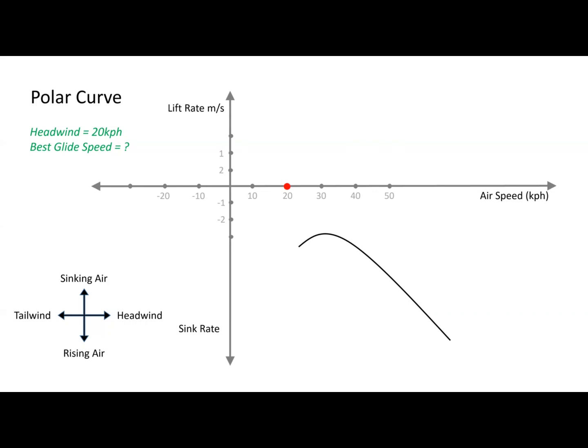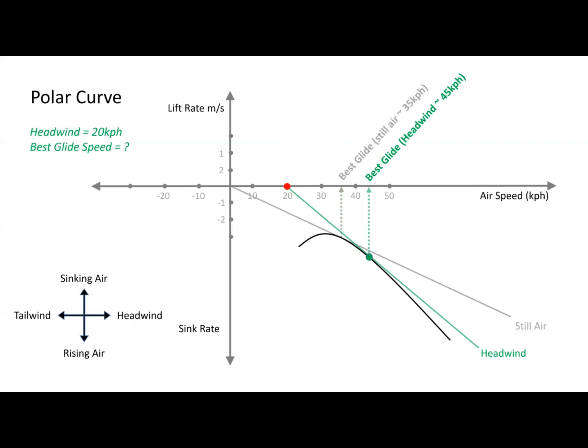You'll have to find your own mnemonic to decide, do I move left or right or up or down? It doesn't matter, it's just numbers to explain a concept. So with a headwind, you find your best glide is faster. Now you're up at about 45. Before we were at 35, now we're at 45.